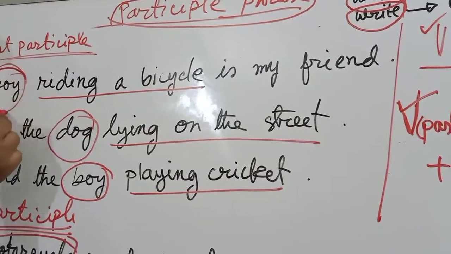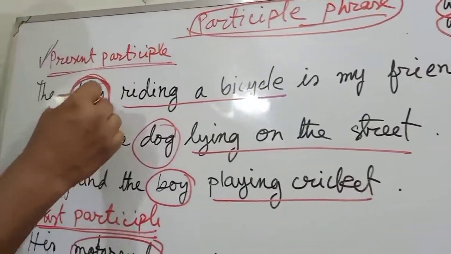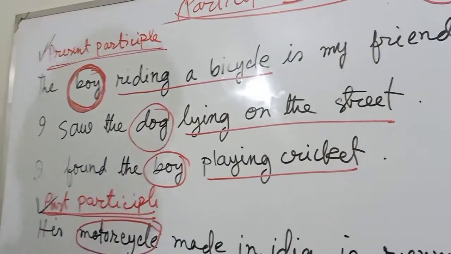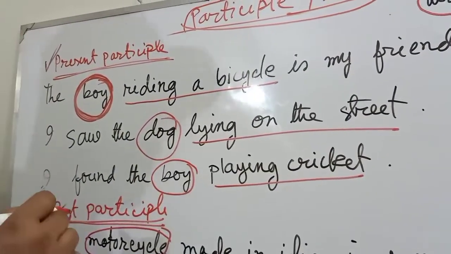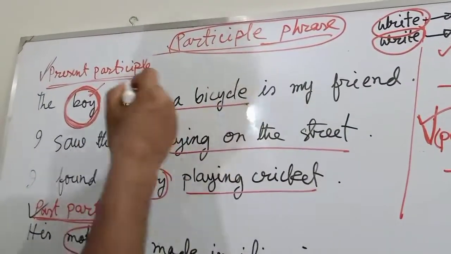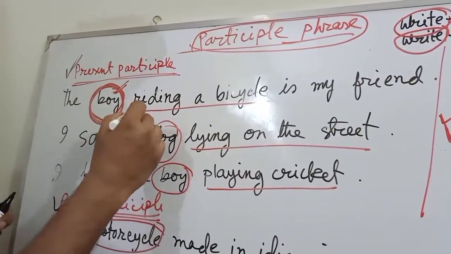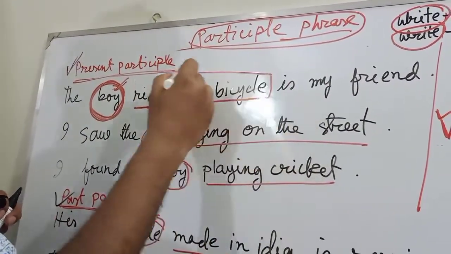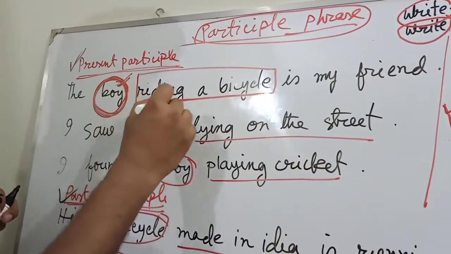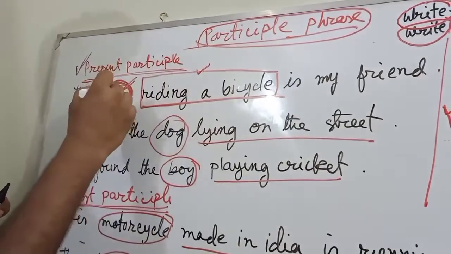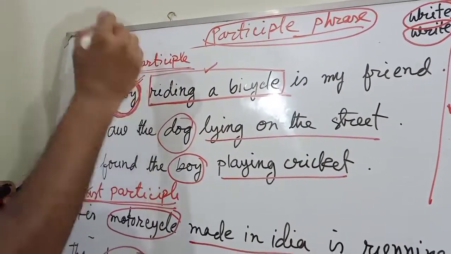The boy is the head word, the word to be modified, যে শব্দটাকে modify করবে, giving extra information about the boy: riding a bicycle. কোন বয়? যে ছেলেটা সাইকেল চালাচ্ছে. So this present participle phrase is modifying the word boy.